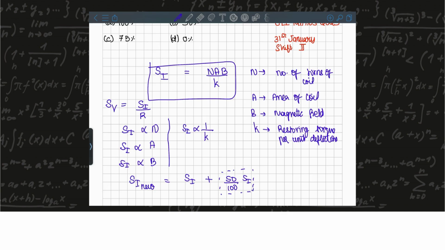So the total new current sensitivity will be SI plus 50 by 100 SI. So that will be 1.5 SI. This is the new current sensitivity.